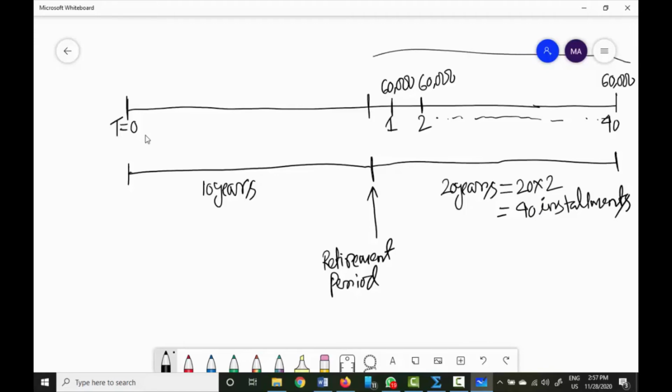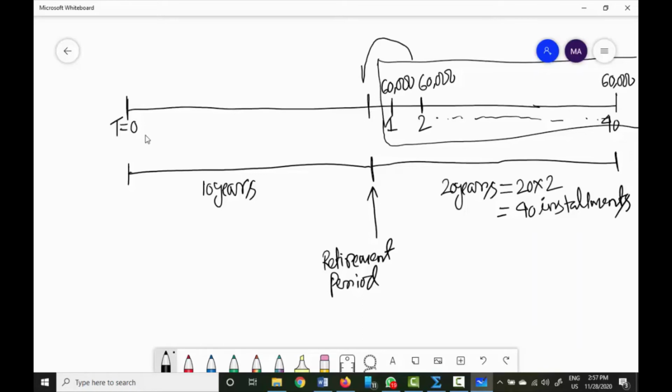Obviously, if you want to receive this cash flow from your pension fund, you must have a certain amount of savings at this period, right?